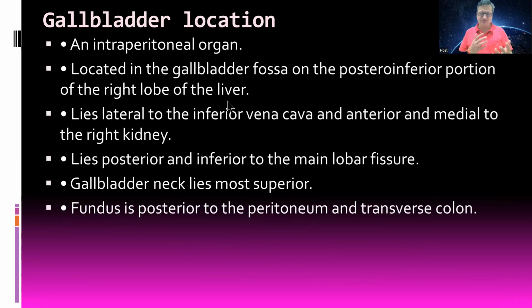Right kidney is present posterior to the gallbladder. It lies posterior and inferior to the main lobar fissure. The gallbladder neck lies most superior as we already discussed and fundus is posterior to the peritoneum and the transverse colon.